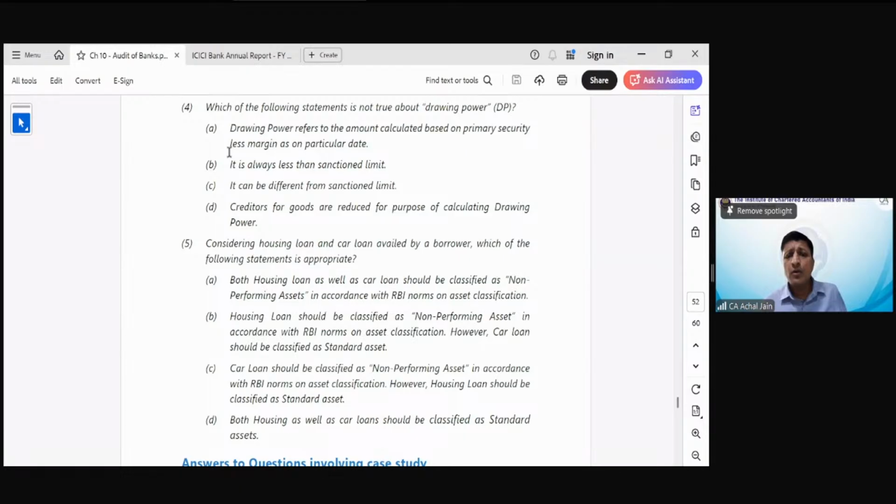Option number C also doesn't seem to be logical. So very clearly option number C and D need to be excluded. Straight away you will exclude these two, C and D. So the only two options that you are left with are A and B.